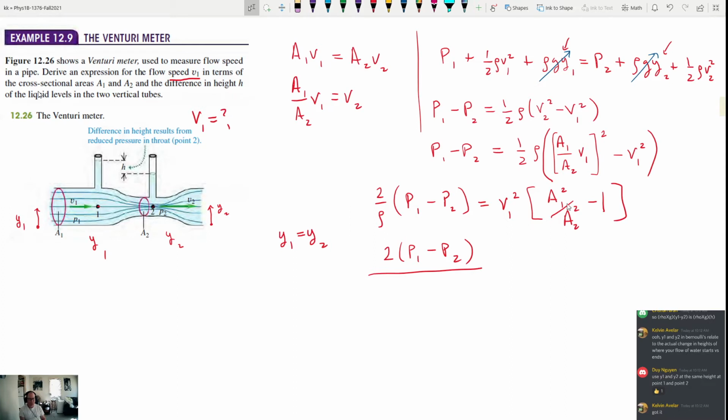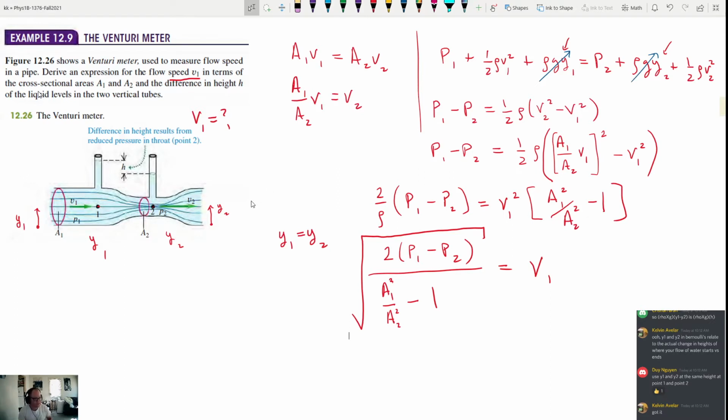Divide by this piece, so (A1 over A2) squared, minus 1. This is all going to be equal to V1 squared, which we can then square root away. And that is almost the answer. We're not quite there.